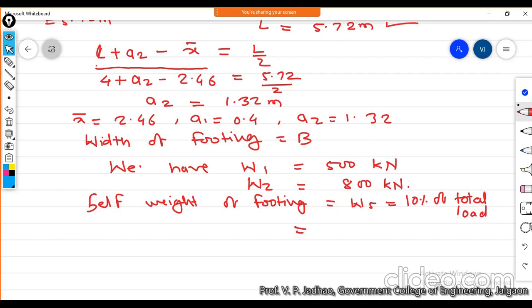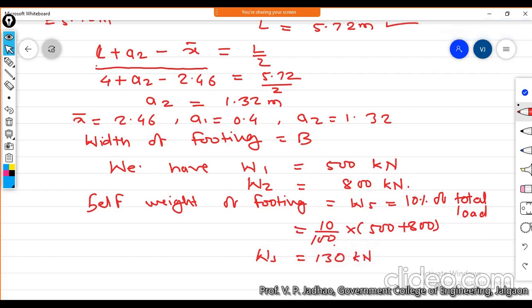So this is equal to 10 divided by 100 multiplied by 500 kilonewton W1 plus 800 kilonewton W2. So Ws, that is the self weight of our footing, will be equal to 130 kilonewton.